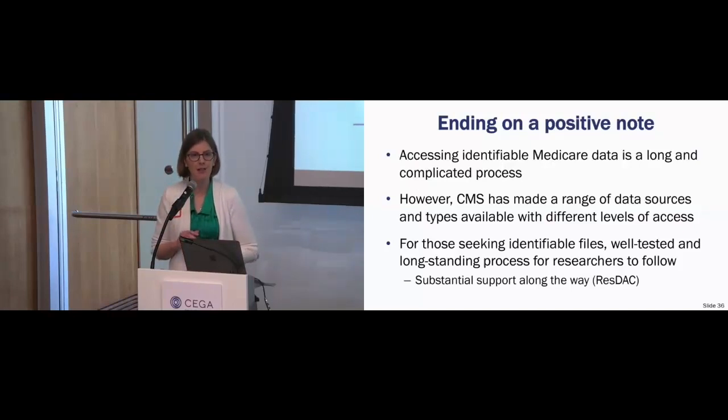I think that CMS, by and large, has struck a fairly good balance in ensuring that people have the opportunity to access the data while also protecting it to the extent they need to. And researchers have substantial support along the way in the form of ResDAC, for example, and potentially in the form of mentors that you might have, or others who are more senior who've been through it before.